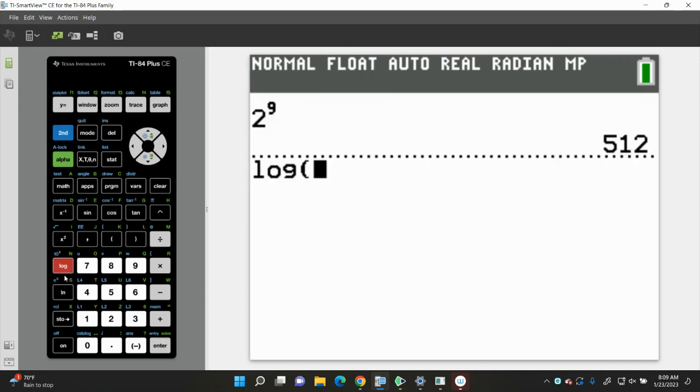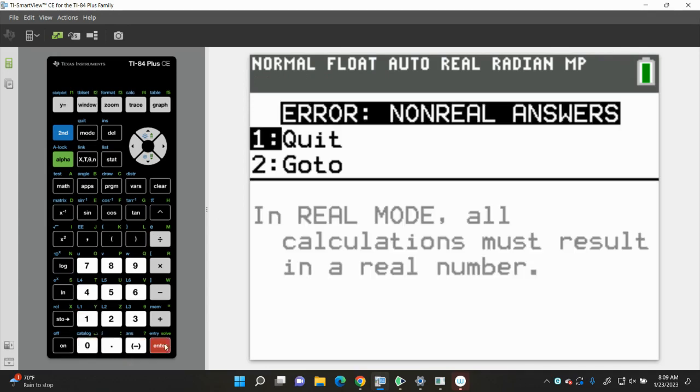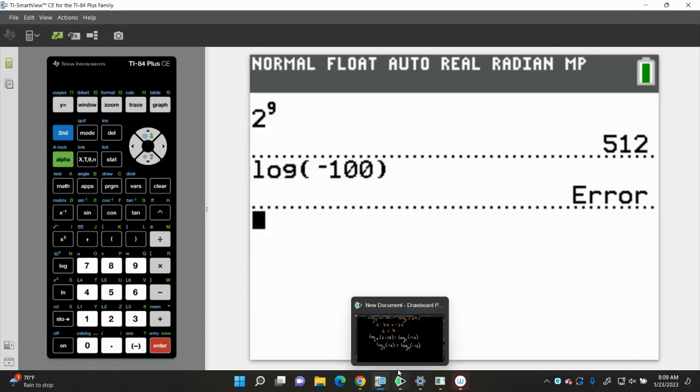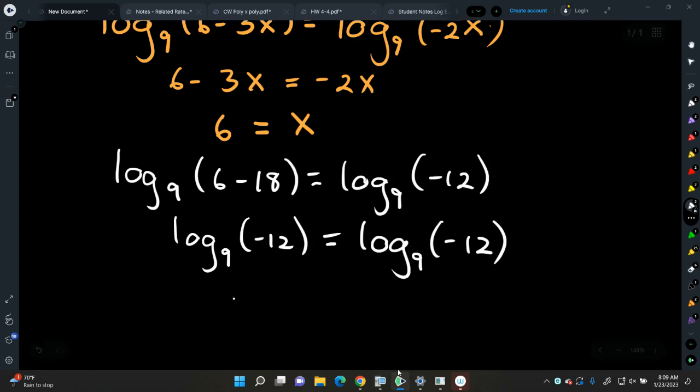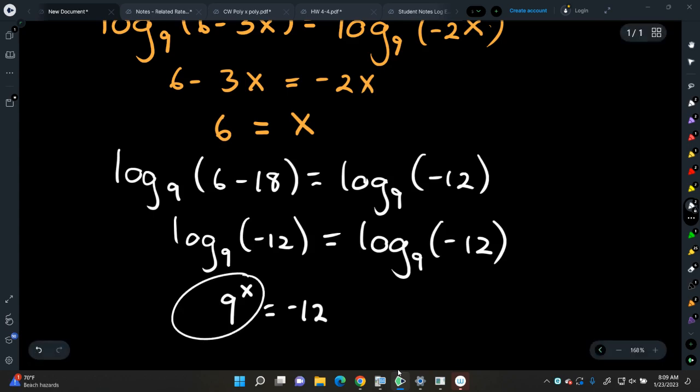Let's just do log base 10 of negative 100. We get an error. If you think about it, this is saying 9 to what power equals negative 12. We can't raise 9 to any power and make it a negative number. A negative exponent makes it a fraction, and 0 gives 1. Nothing is going to make this a negative number.